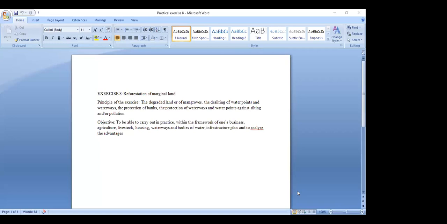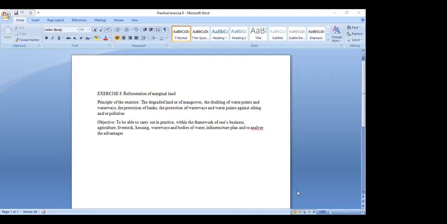Now, exercise 8 says reforestation of marginal lands. We know marginal lands. Marginal lands are degraded lands, land that, probably because of erosion, have become less in use or are no longer in use.